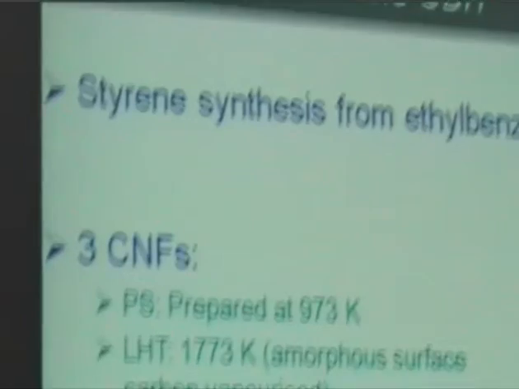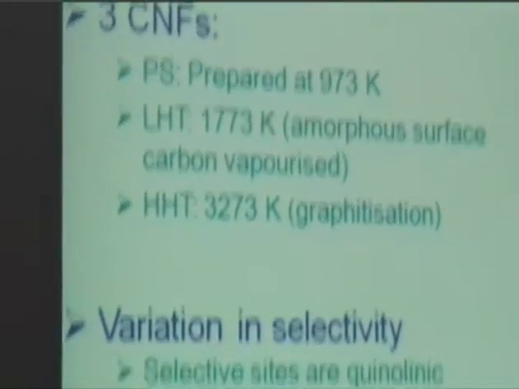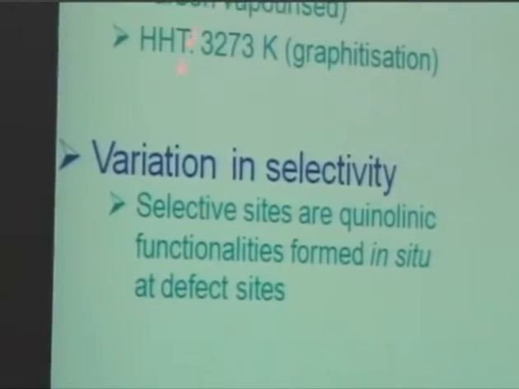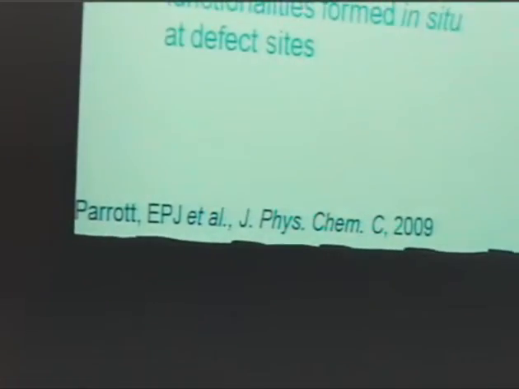Now, the temperature of this treatment affects how graphitic the outer surface of the nanofiber is going to be. So a higher treatment temperature is going to create a more graphitic sample with fewer defects. So what we'd expect is that higher temperature treatment should result in a catalyst that's less selective, because it's got fewer of these defect sites which interact with oxygen to create selective oxidative dehydrogenation sites.